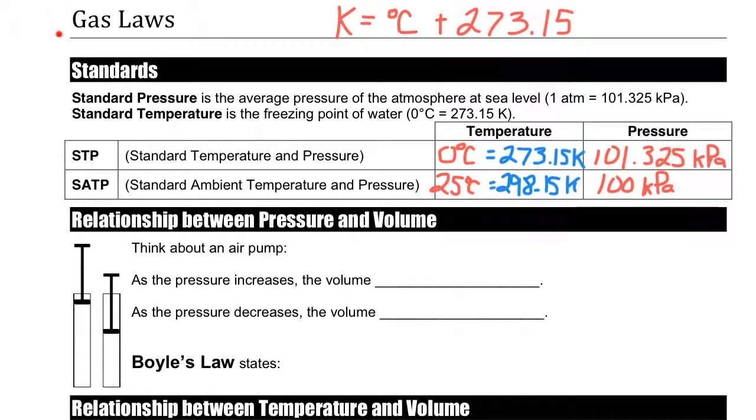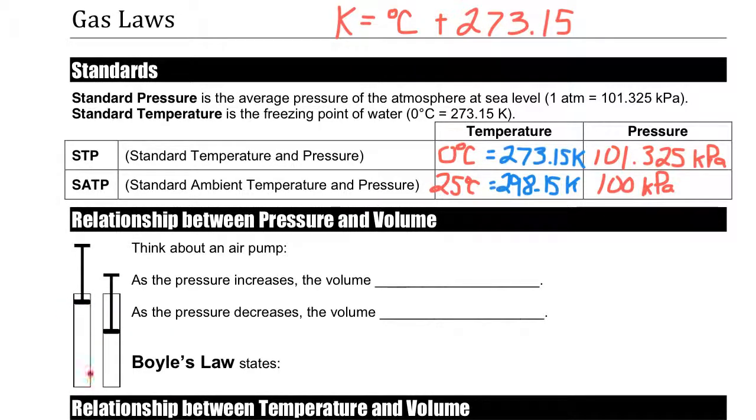These gas laws are going to show you the relationships between pressure, volume, and temperature. We'll start with the relationship between pressure and volume. To illustrate this, think about an air pump. What happens to the volume inside the cylinder as you push down on the plunger?